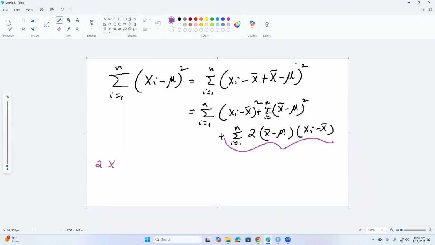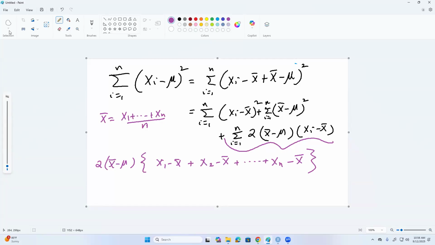So I can write this entire thing as 2 times x bar minus mu, and the sum of xi minus x bar means x1 minus x bar plus x2 minus x bar and so on. Now x bar is x1 plus x2 plus xn divided by n.